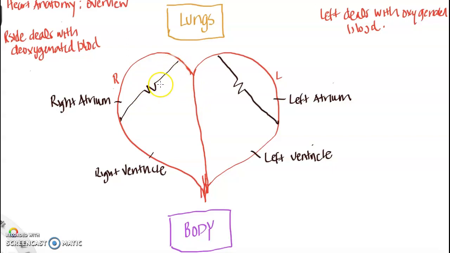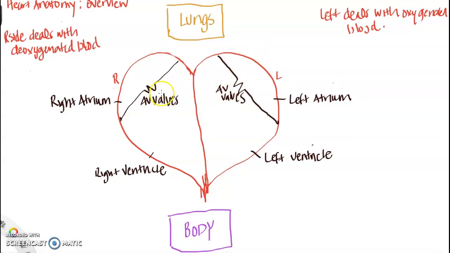In the wall separating those two chambers is a valve. Okay, so these are called AV valves. So AV meaning atrioventricular valves.